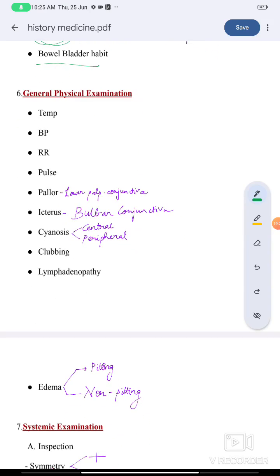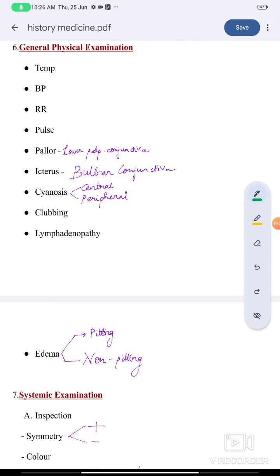Coming to the general physical examination, whenever you do the general physical examination, the first thing is that you have to note how well the patient is oriented. So you always begin with, on examination, the patient is found conscious, alert, well oriented to time, place and person.